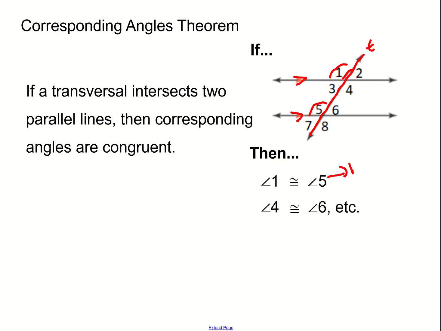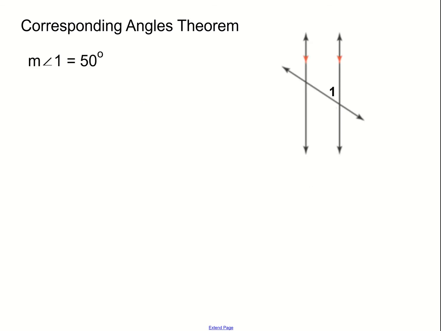So this means that the measure of angle 1 is equal to the measure of angle 5 by the definition of congruent angles. Similarly for 4, this should not say 6, so make that correction right there. It should say 4 and 8. 4 and 8 are corresponding angles in this example, and so they have to be equal to each other. So not 4 and 6.